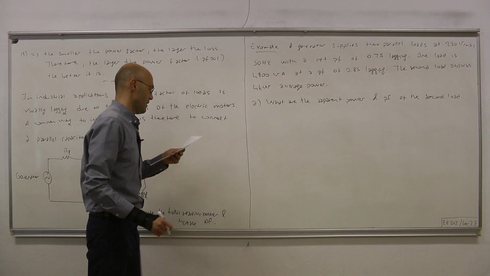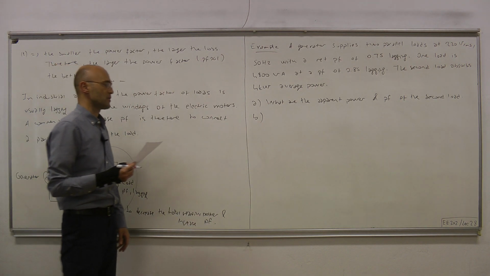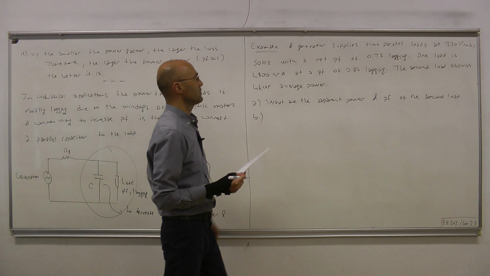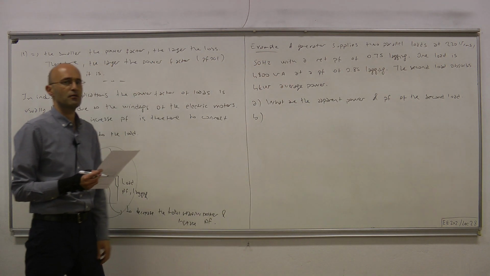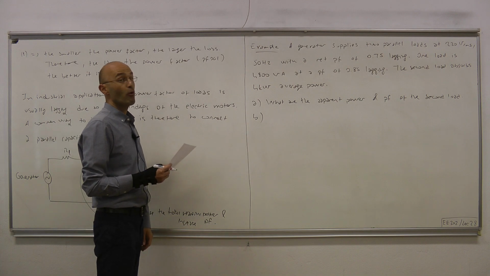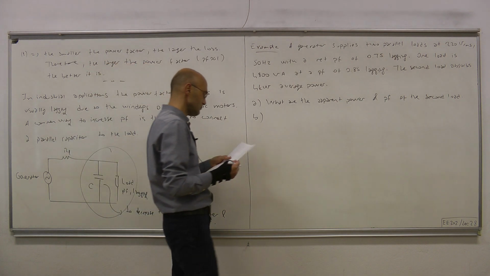Okay, and then the second part has to do with power factor correction. What we're asked to do is raise that net power factor of 0.75 to 0.95, so that it is much closer to 1.